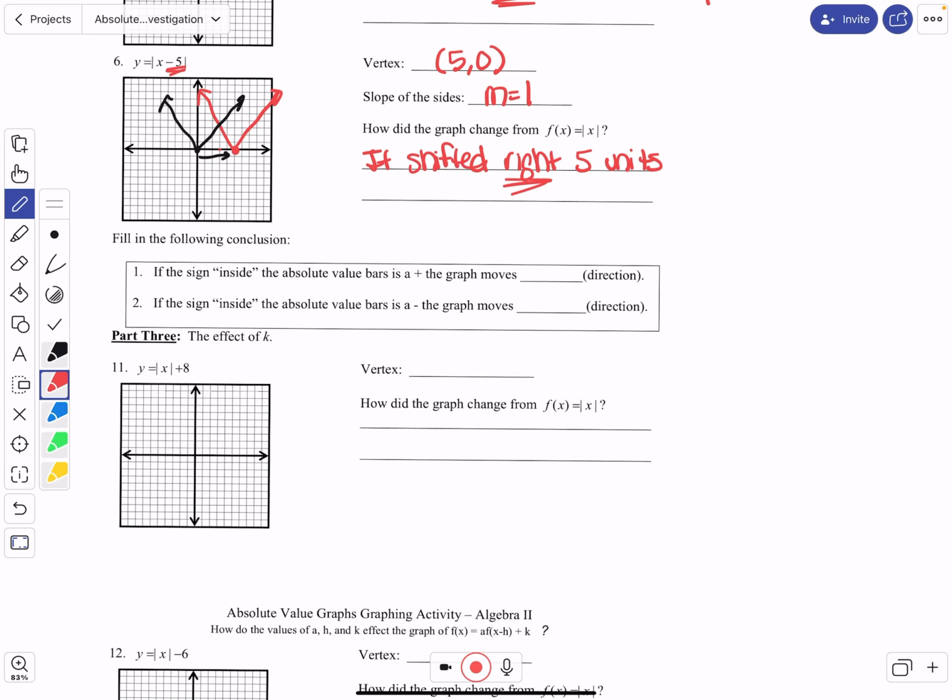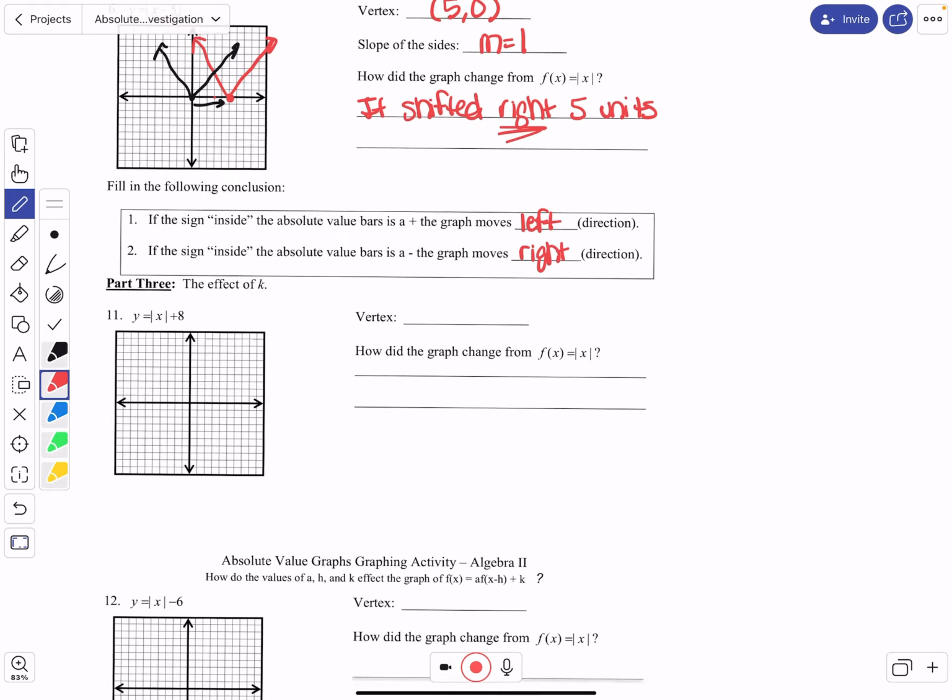So what's our conclusion here? If the sign inside the absolute value bars is a plus, the graph moves left. If the sign inside the absolute value is a minus, the graph moves right. So it does the opposite of what I think it would do. Most of the time if I think plus, I'm thinking the positive side of the graph, but inside it's going to do the opposite.